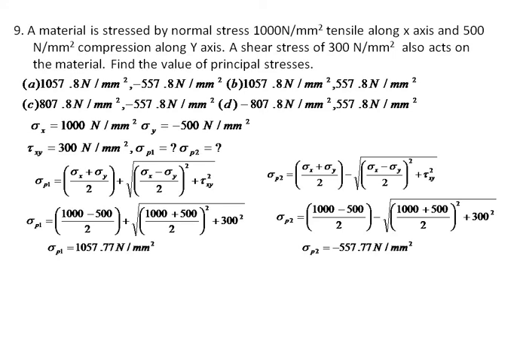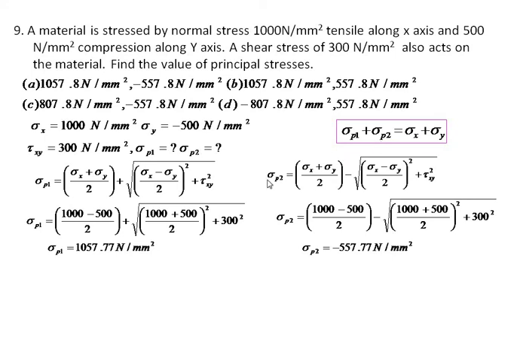Let me tell you some other relation also. While discussing principal stress, I pointed out a relation: sigma p1 plus sigma p2 is equal to sigma x plus sigma y. If you know the value of sigma x, sigma y and sigma p1, you can easily find sigma p2: sigma x plus sigma y minus sigma p1 is equal to sigma p2.